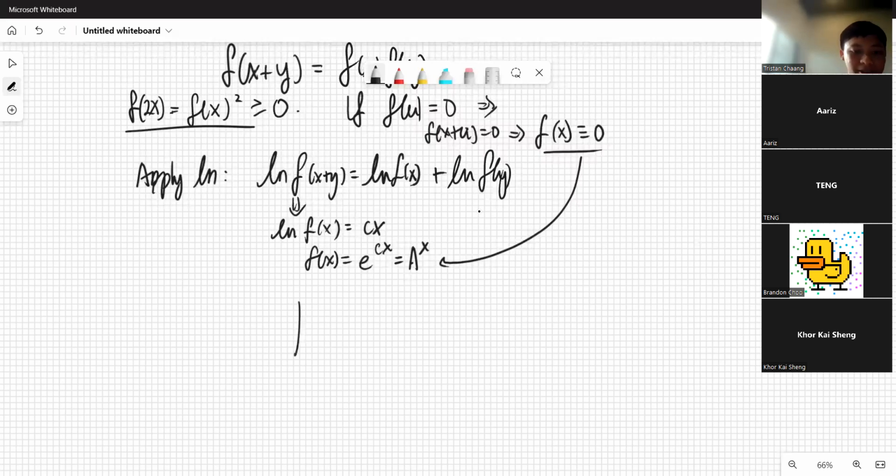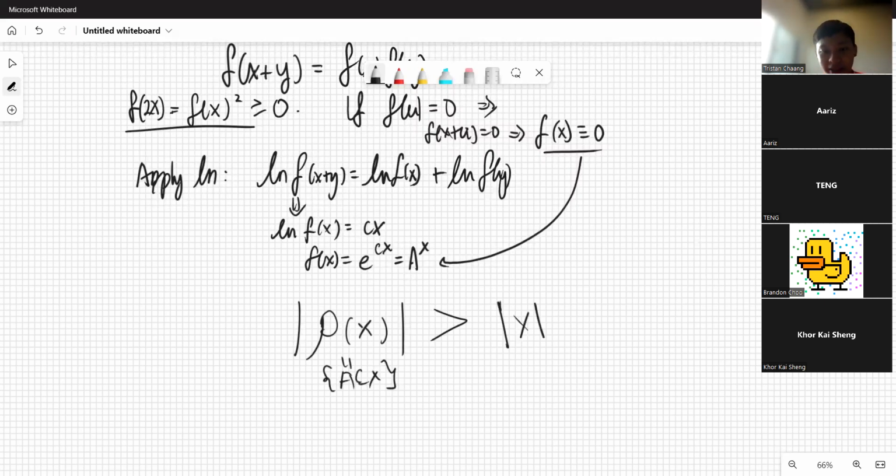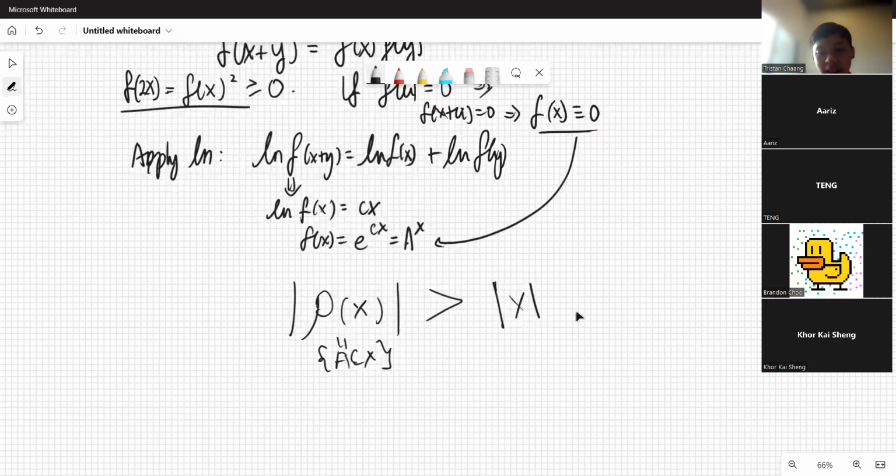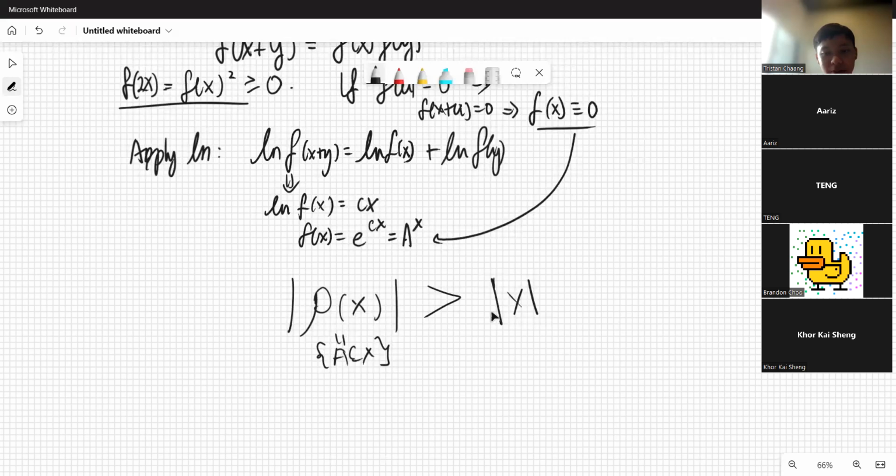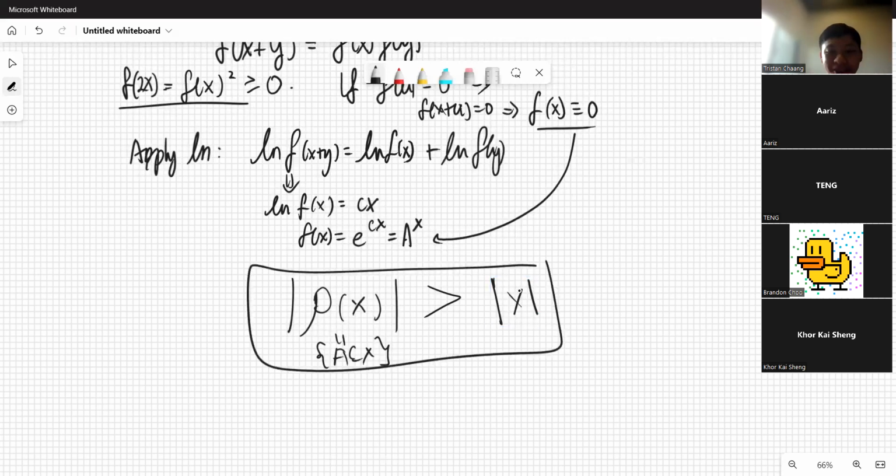The power set of X is defined as the set of subsets of X. By all means, this must be greater than the cardinality of X. I don't think the diagonal proof necessarily works when X is uncountable itself, but this is also true for uncountable sets as well.